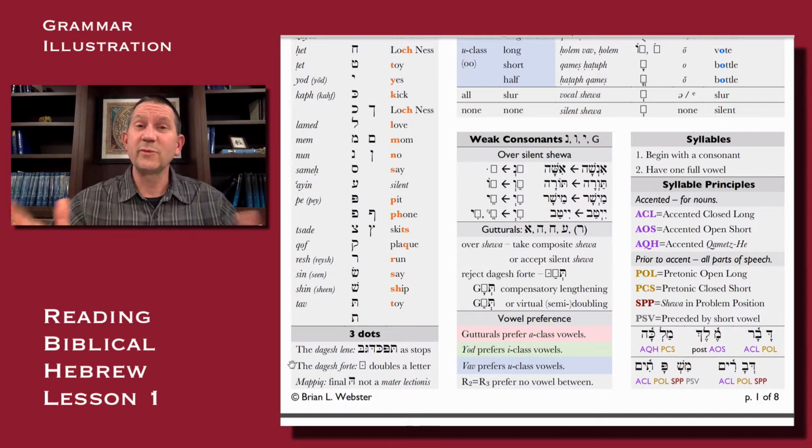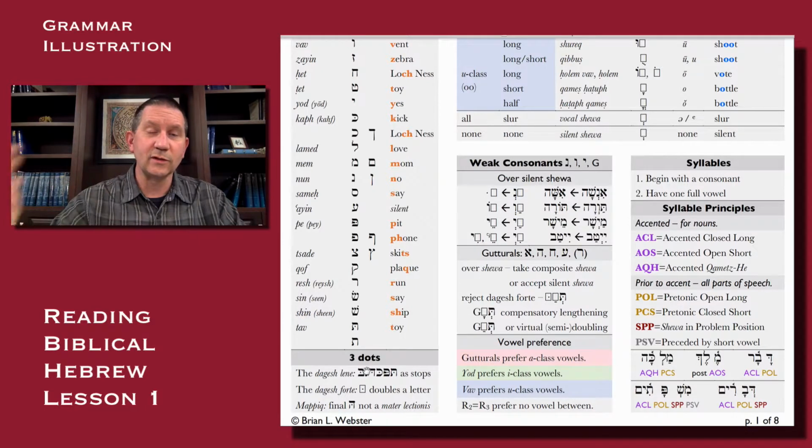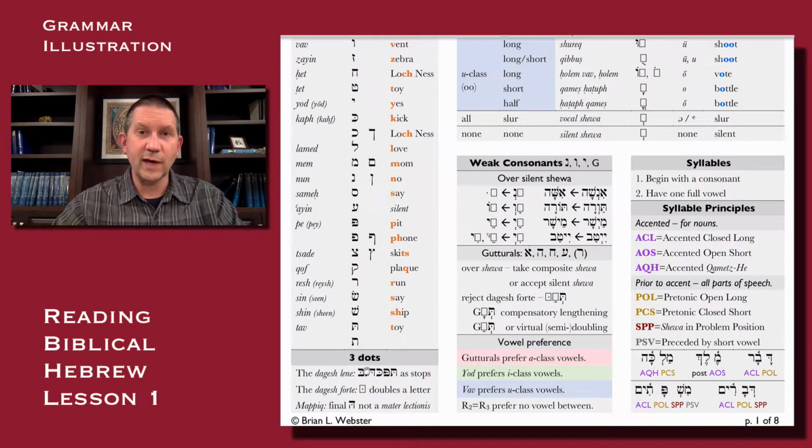So what is the environment that we have to learn to know when we've got a dagesh forte? And it is this. The dagesh forte follows a full vowel. Now, we just got done talking about vowels, and we had long vowels, short vowels, half vowels, and then the vocalic slur. So when we say a full vowel, we just mean a long vowel or a short vowel.